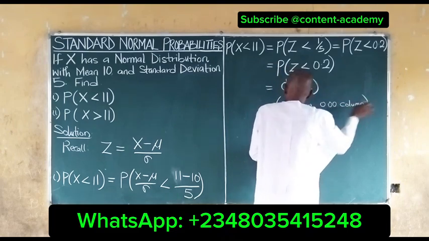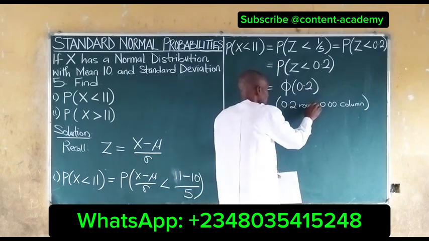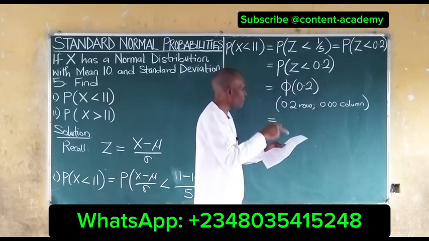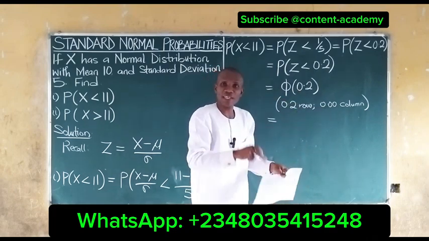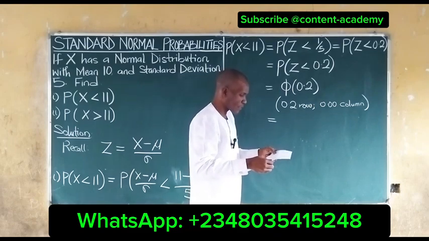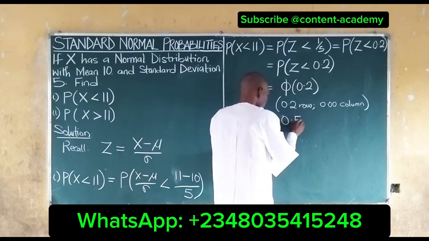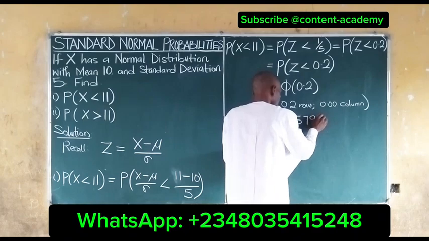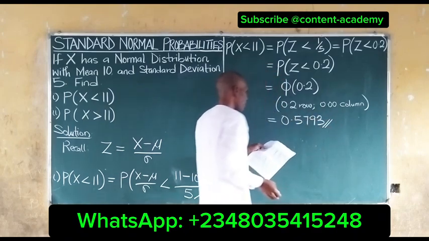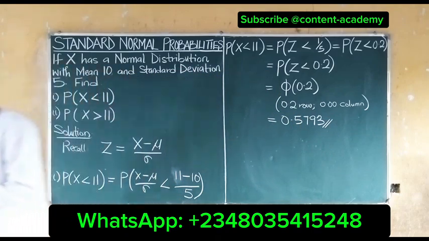The number that intersects these two digits will be the value for the standard normal curve. So 0.2 under 0.00 gives us 0.5793. The next thing to do is to draw our curve associated with that.